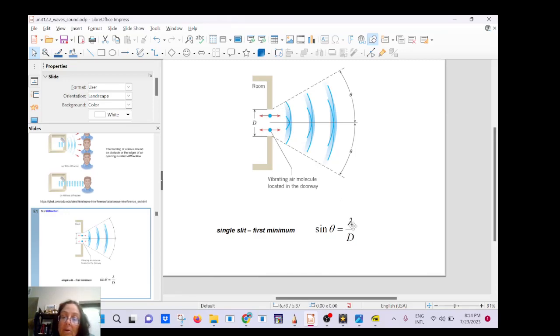So if you have a small wavelength, smaller than the opening, it's not going to fill the opening, and it's not going to spread out that much. Or you can have a very large opening relative to the wavelength. So the wavelength does not fill the opening, it doesn't spread out. Okay?